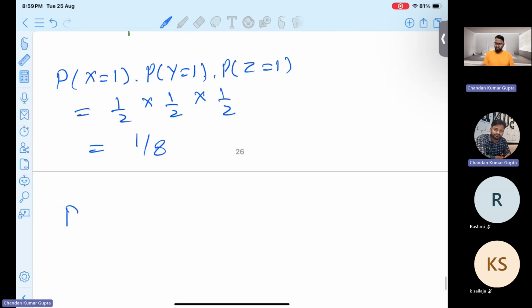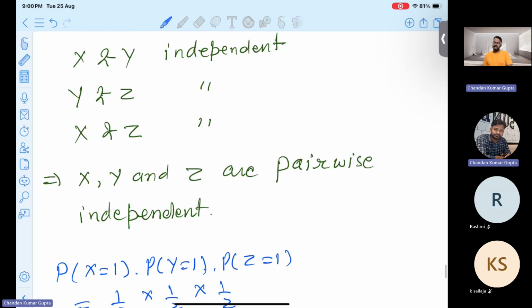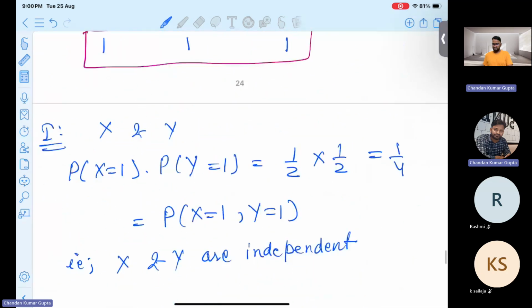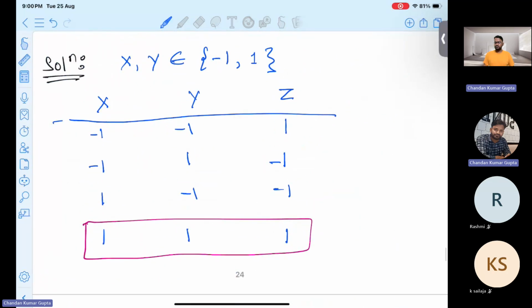Now, we need to find the probability that x equal to 1, y equal to 1, z equal to 1. Again, let's go to the table. X equal to 1, y equal to 1, z equal to 1. Obviously it's nothing but 1 by 4, directly we can see here.